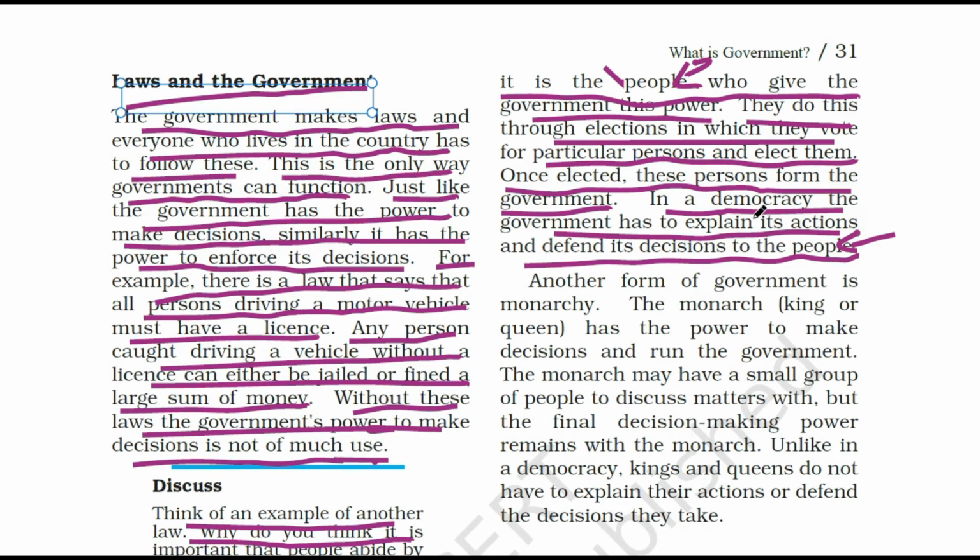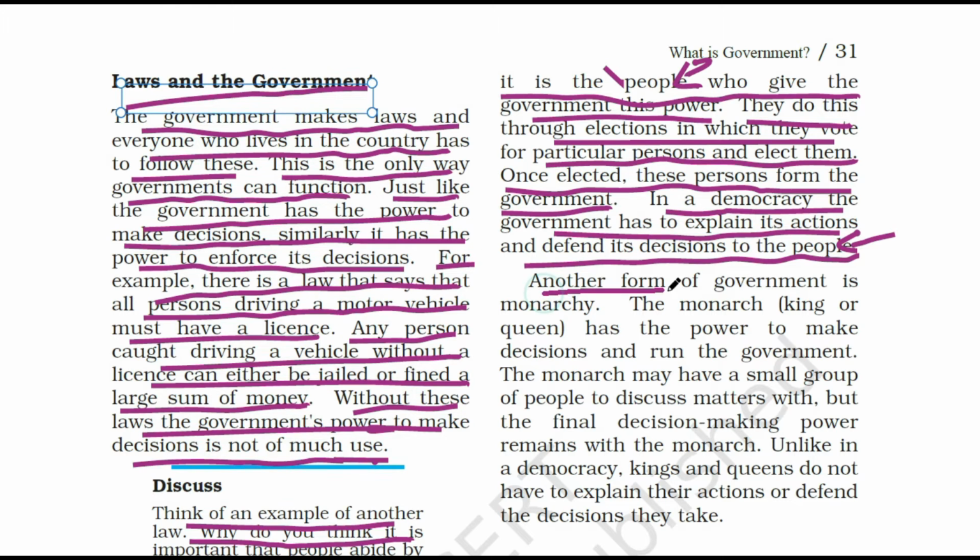So in a country like ours, which is a democracy, the government has to explain why it has brought out a law like this, and it also has to defend its decision as to why it has brought out this law. It has to give an explanation to the people.